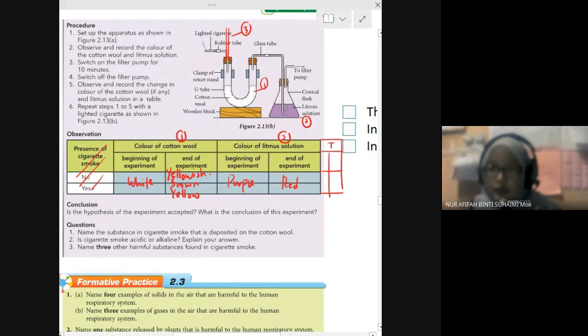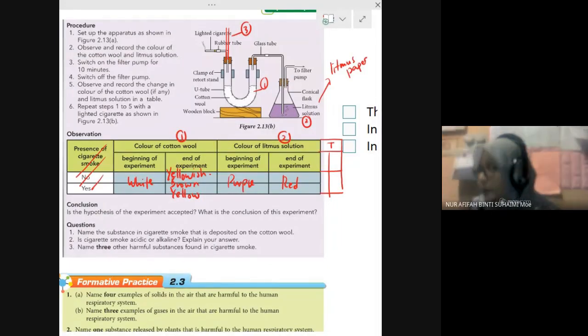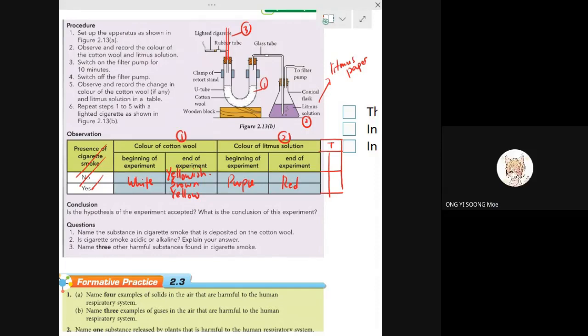You know what is litmus solution? What you have used before is litmus paper. Maybe you're familiar with litmus paper. We use litmus paper for what? Yes, good.